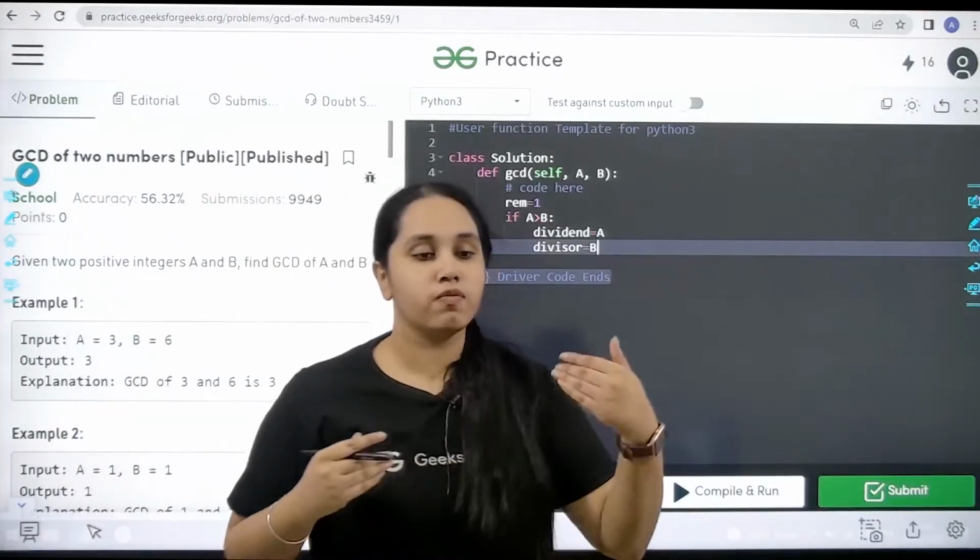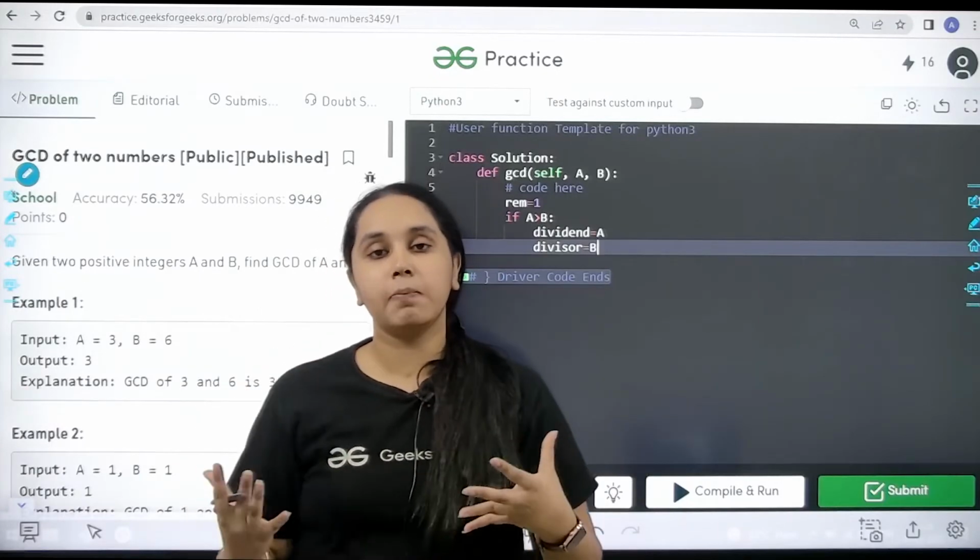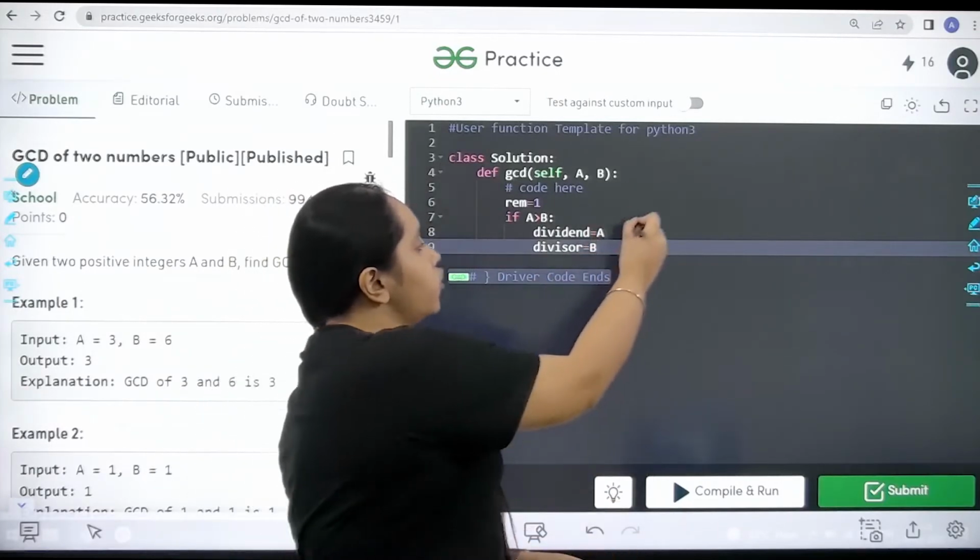This is the situation when A is bigger than B, but what happens when B is bigger than A? Then we would just reverse this.